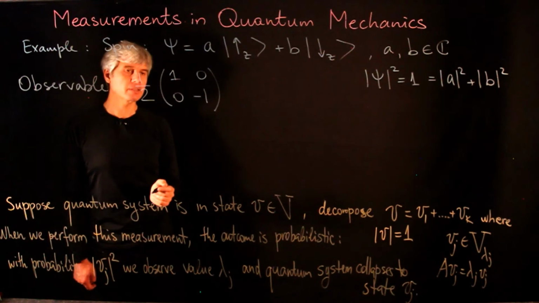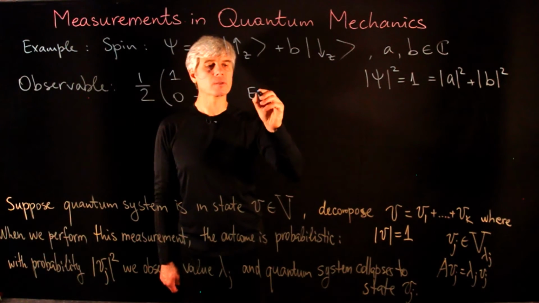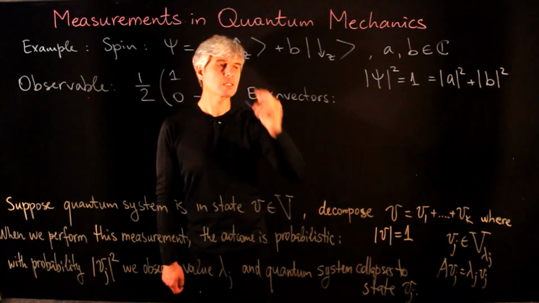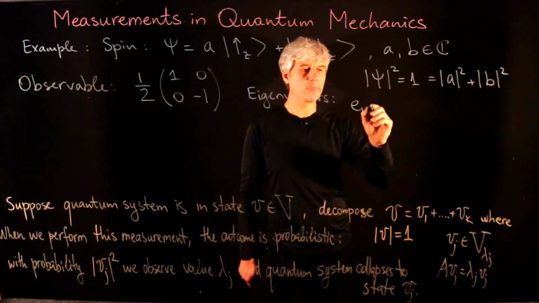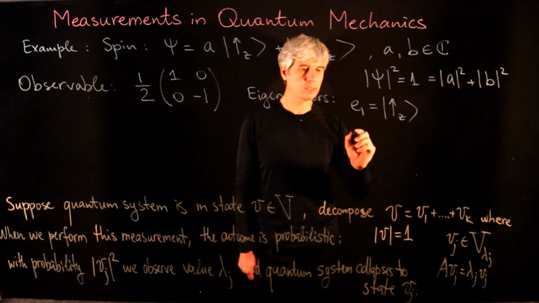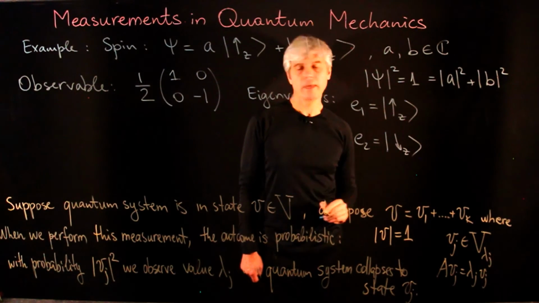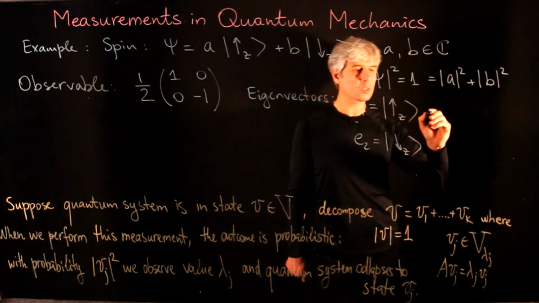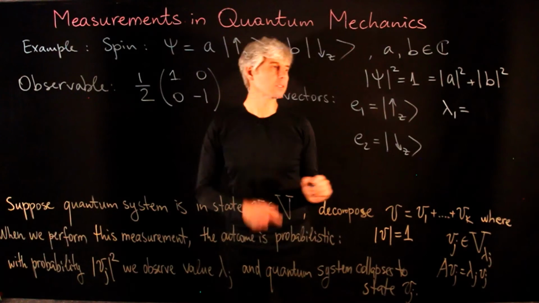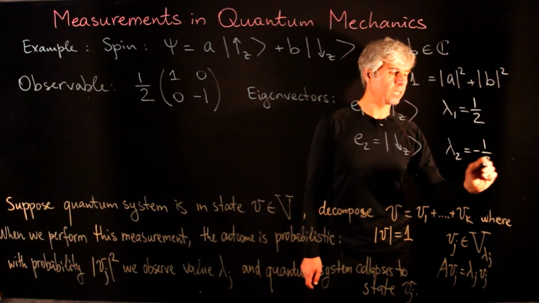And so what we see here is that the eigenvectors here are the basis vectors, right? So E1, which is the spin up vector, and E2, which is the spin down vector. And so the eigenvalues: well, this matrix is already diagonal, so the first eigenvalue is 1/2, and the second eigenvalue is equal to -1/2.